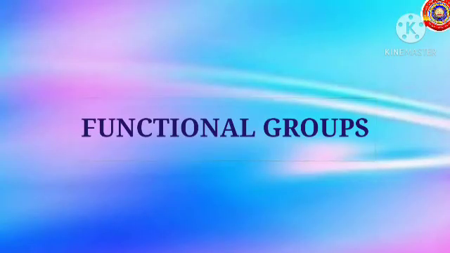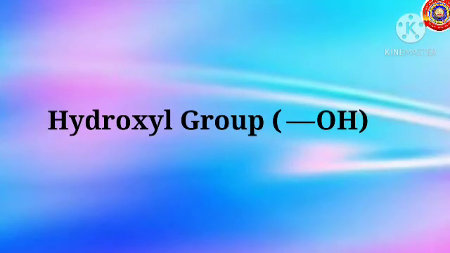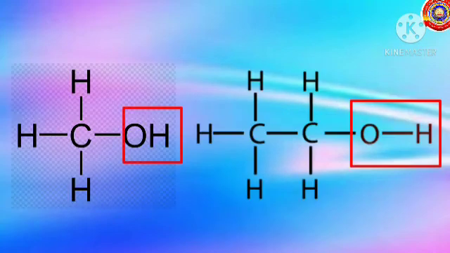The functional group that we are going to discuss first is the hydroxyl group. The compounds having OH hydroxyl as the functional group are commonly called alcohols. All alcohols have OH group and have the same properties.